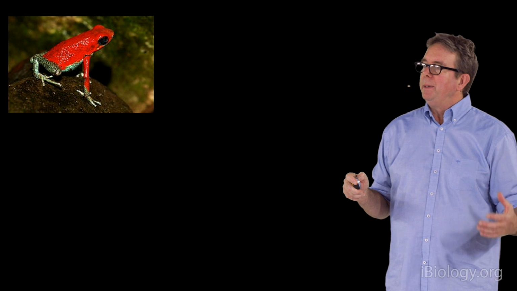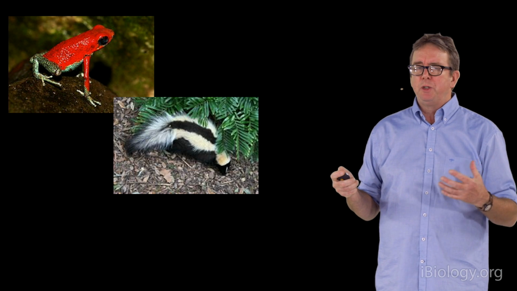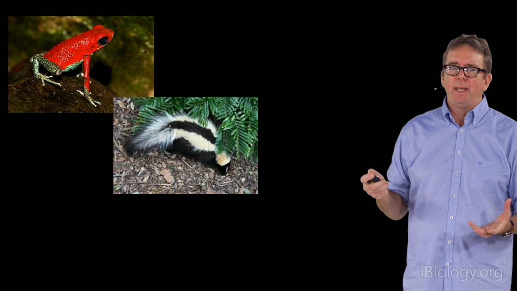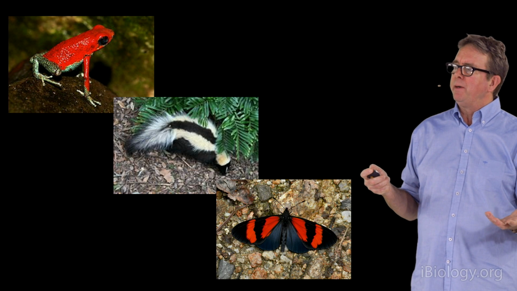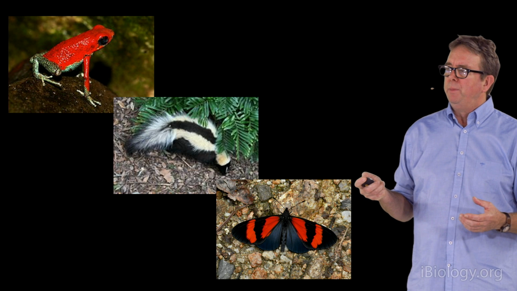The same thing happens with Batesian mimicry, and aposematic mimicry in general. We are all familiar with animals that are very poisonous, that stink or smell or have a chemical defense, and they advertise the fact that they have this chemical bomb in them with bright coloration, and that's all done through the visual modality.